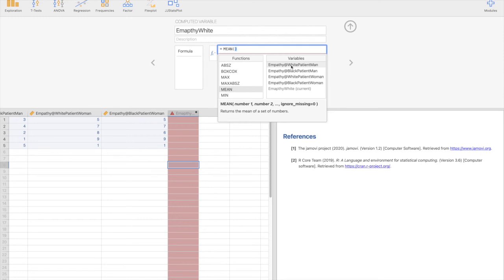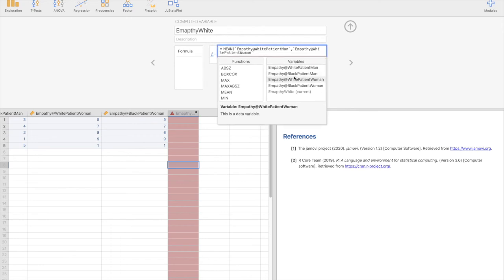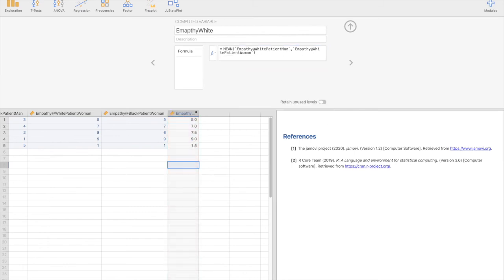I want it to be the average of empathy white male and empathy white female patients. So I want to average these 2 together. If you notice, I had to put in my parentheses at the end. It's 2 parentheses, a comma in the middle, and I hit enter. And now I have the average empathy white.